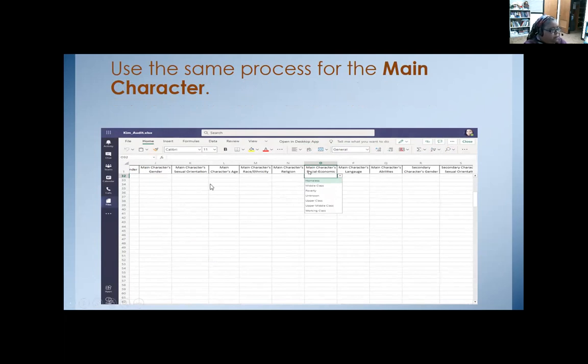You'll have a bunch of blank spaces, and move over to the main character. You'll do the same thing. You go to the rectangle, the space, and then just use the drop down menu and select whichever one you need after you've done your research on that title.